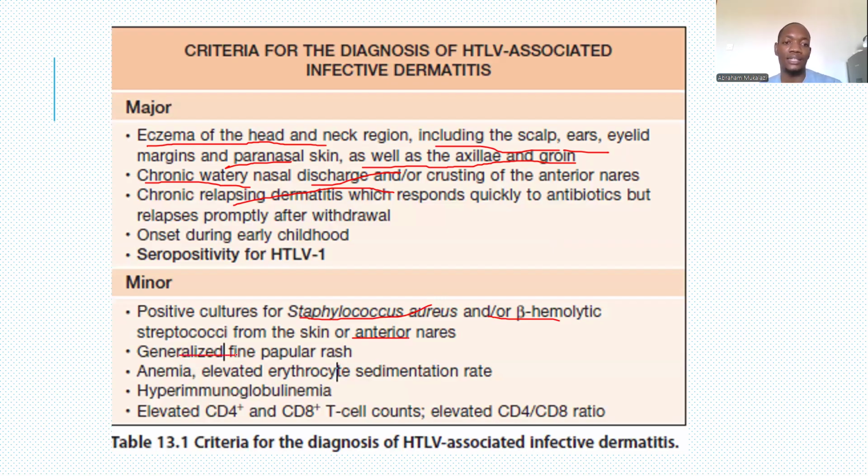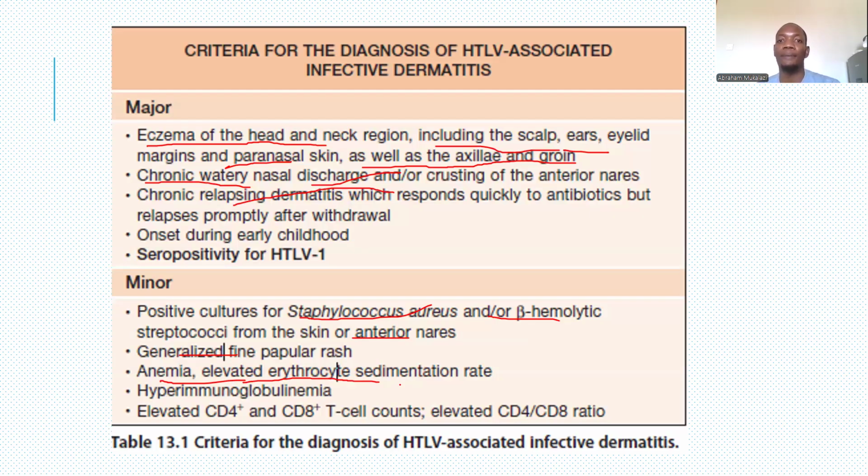Then someone can get a generalized fine papular rash, which is put under minor criteria. Then if someone has anemia, elevated erythrocyte sedimentation rate, the ESR, that usually shows active inflammation, and hyperimmunoglobulinemia, this is also put under minor criteria. Another last one under minor criteria is the elevated CD4 and CD8 cell count. And this one will now show you the proliferation that is triggered by the virus.